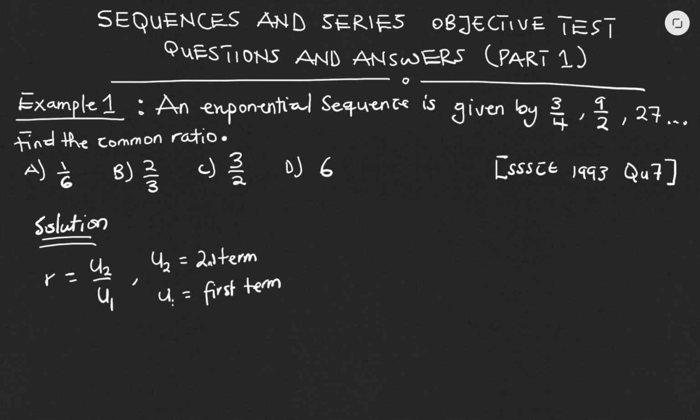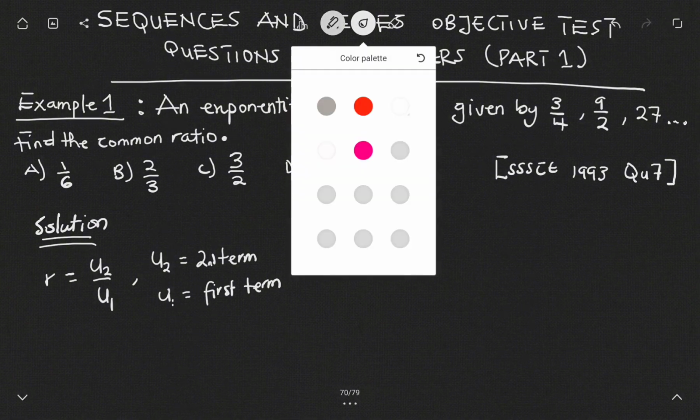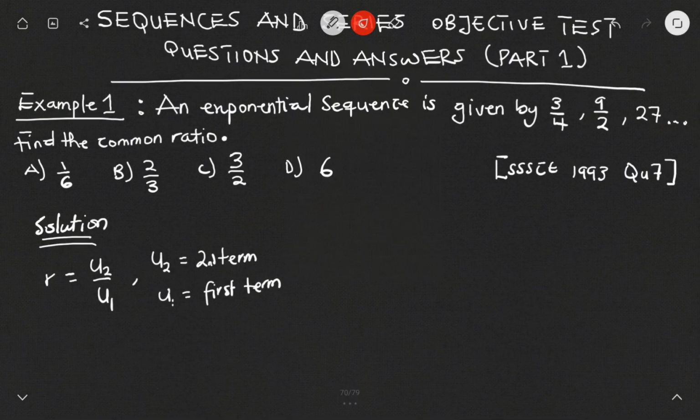What it basically means is that, if I look at what I have here, this is my first term, this is my second term. I can either use the first term and second term, or the third term and the second term, right? That is how it goes.